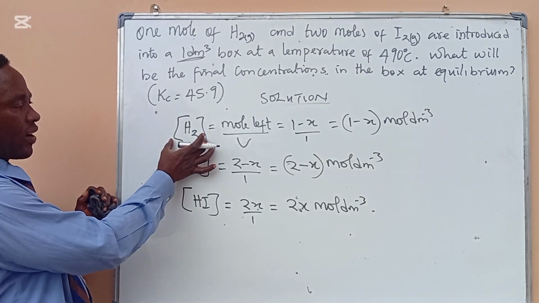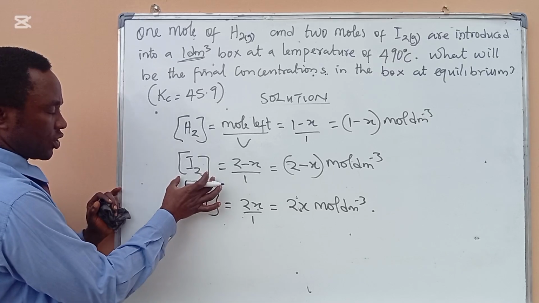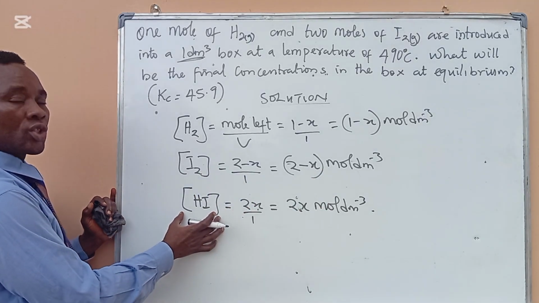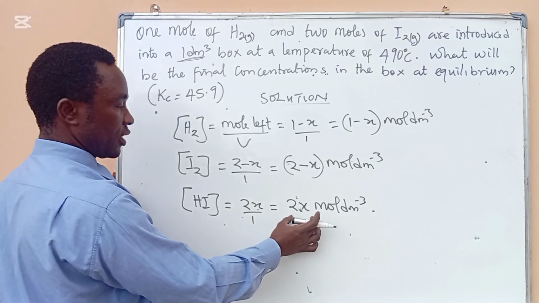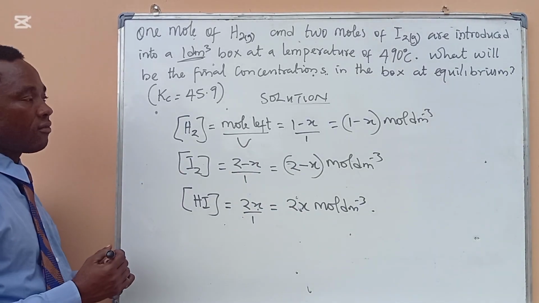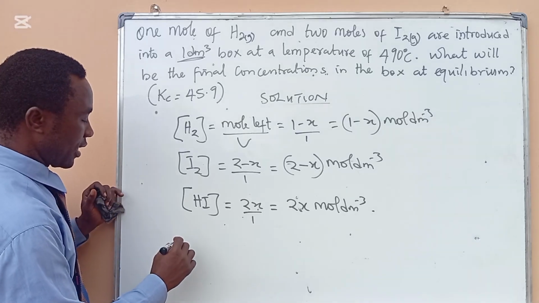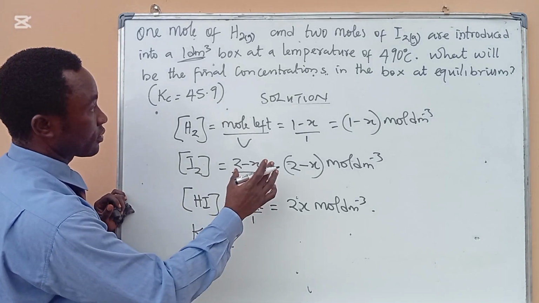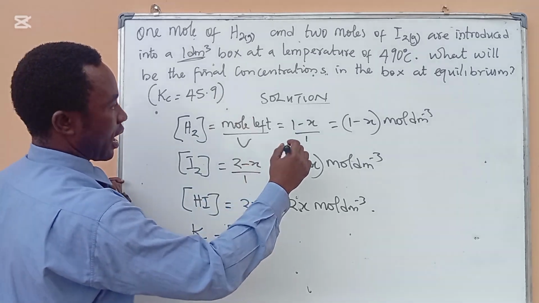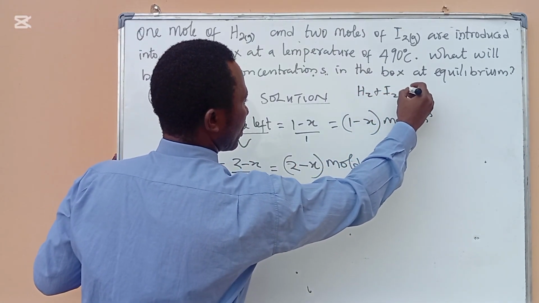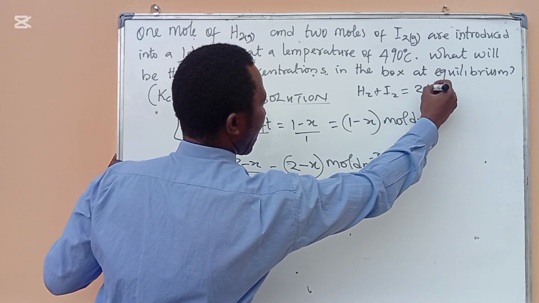Now the concentration of hydrogen at equilibrium should be this. The concentration of iodine should be this, while the concentration of hydrogen iodide left at equilibrium should be this. But we have to know what x is if we should know the real value. So having taken this, Kc we know is equal to the concentration of, remember our equation is H2 plus I2 to give us 2HI.